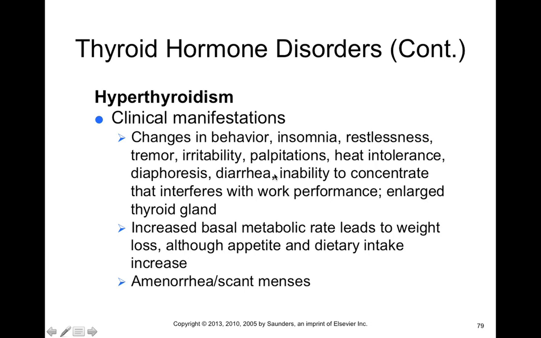Because thyroid hormone makes their metabolism so fast that their smooth muscle becomes really excited. Inability to concentrate, that interferes with work performance, as well as an enlarged thyroid gland. That may be symptomatic of hyperthyroidism. And you're going to see an increased basal metabolic rate that leads to things like weight loss and increased dietary intake, as well as amenorrhea and scant menses.